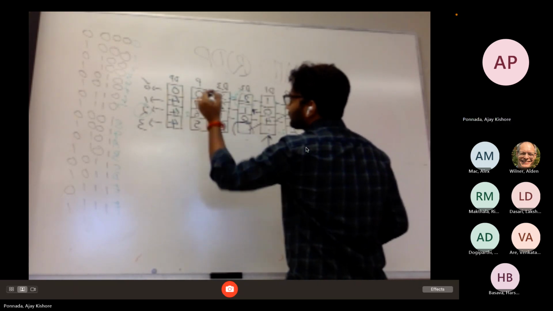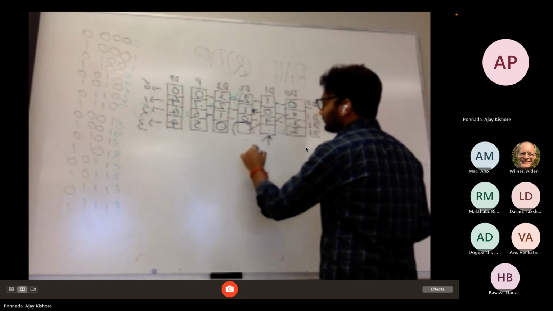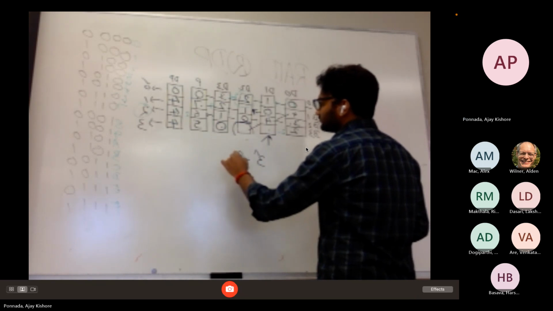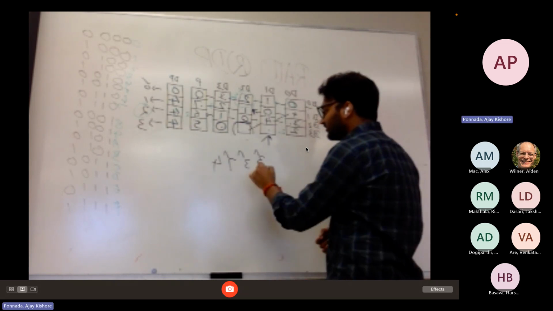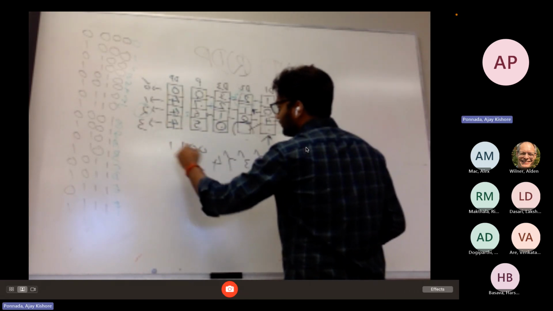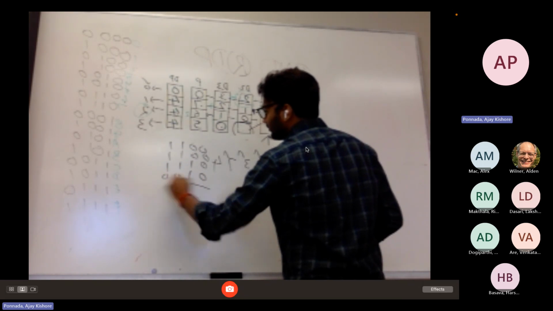Yes. 3. So what's 3? 0, 0, 1, 1, 0, 1, 1, 0, 1, 0, 0. It's the XOR.